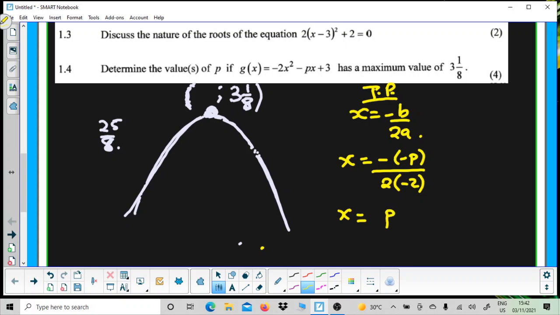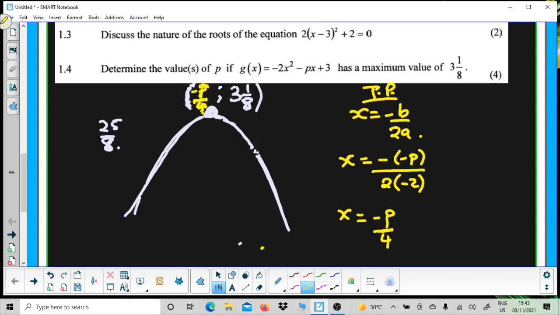This is going to be positive p, but it's negative 4 at the bottom, so can I just write it like this? So what we know is that when x is minus p over 4, this is the x value, minus p over 4, the y value will be 3 and 1 over 8. That's exactly what the question is letting us know.